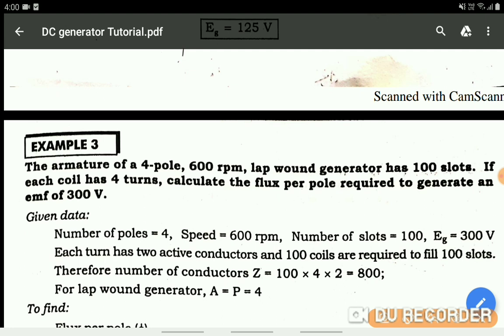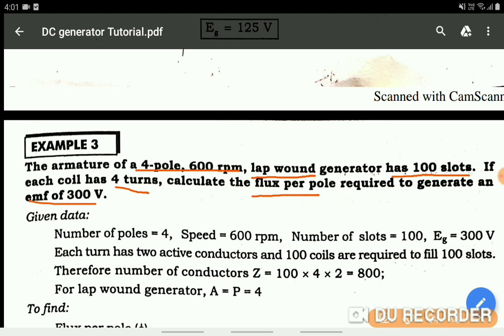The armature of a 4-pole 600 rpm lap wound generator has 100 slots. If each coil has 4 turns, then calculate the flux per pole required to generate an EMF of 300 volt.